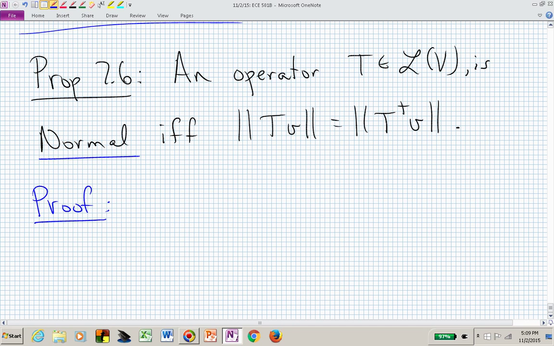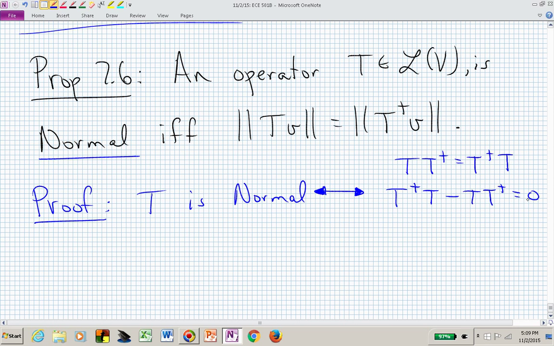If we know that T is normal, what's another way of writing that down? We know that T commutes with its adjoint, don't we? So we know that T dagger T is equal to T T dagger. Well, let's just rewrite that a little differently. Suppose that we now have T dagger T minus T T dagger.